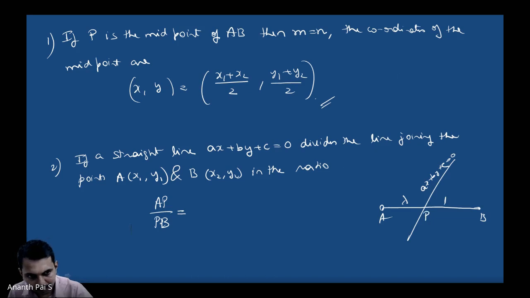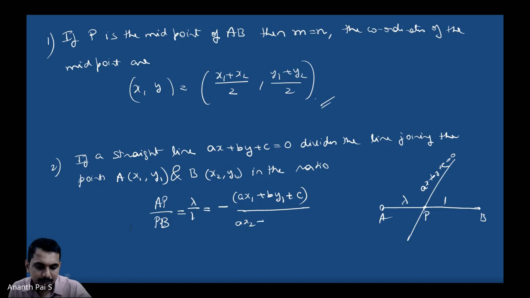This is point P. Then that is equal to lambda by 1, which is equal to minus of ax1 plus by1 plus c divided by ax2 plus by2 plus c. This is well done by our Gauss course actually.